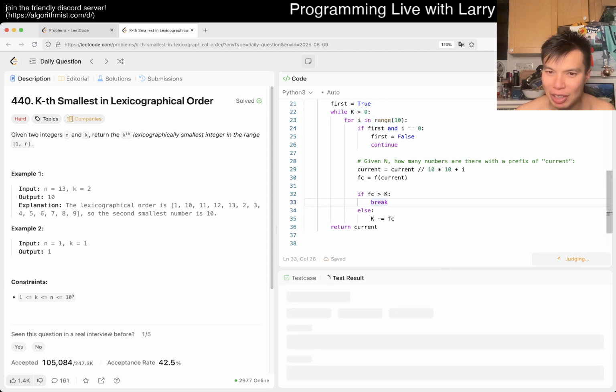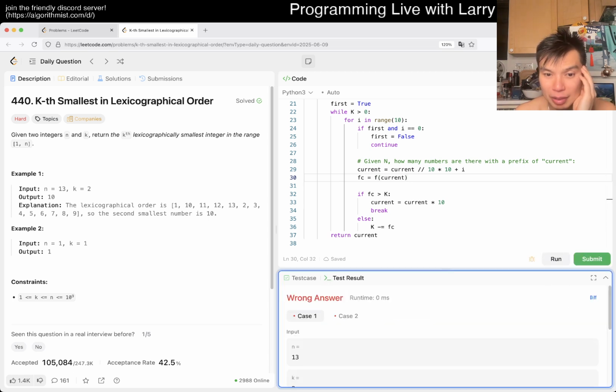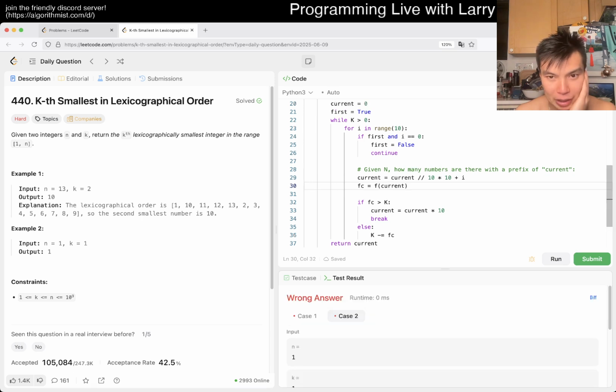Maybe an infinite loop now, though, because we don't have any base case. And also this would now be current times 10, maybe, because if this is bigger than that, then it would go to the next digit. But clearly maybe we're a little bit wrong here. Okay, 110. Okay, at least it terminates.